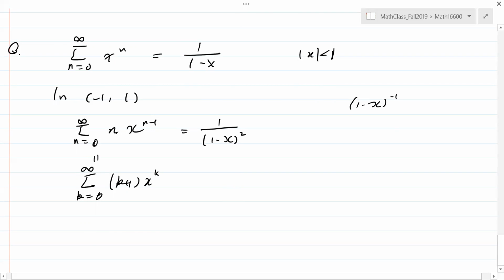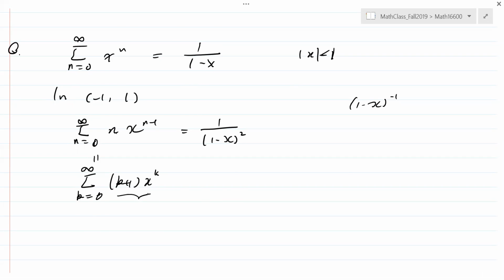You can prove that directly without using the above theorem, because the k plus 1, when you use the ratio test, does not contribute anything in the limit. It always converges to 1. So k plus 1 doesn't matter. The radius of convergence will be the same.